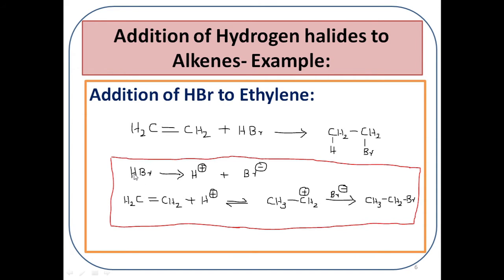But here the reaction takes place like this. HBr undergoes ionization to give H plus and Br minus, and H plus is the electrophile here that will be added to the ethylene molecule to give a carbocation, and this carbocation will be attacked by the nucleophile Br minus to give the addition product.